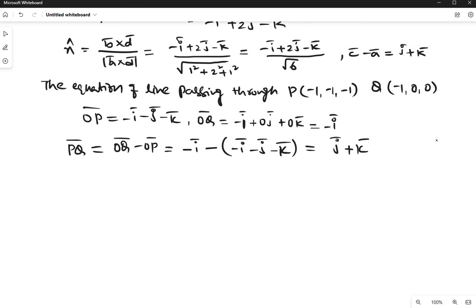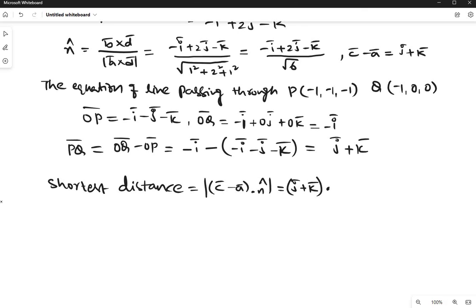Now finally the shortest distance is equal to the modulus of (c bar minus a bar) dot n cap, which is j bar plus k bar dot (minus i bar plus 2j bar minus k bar) by root 6.